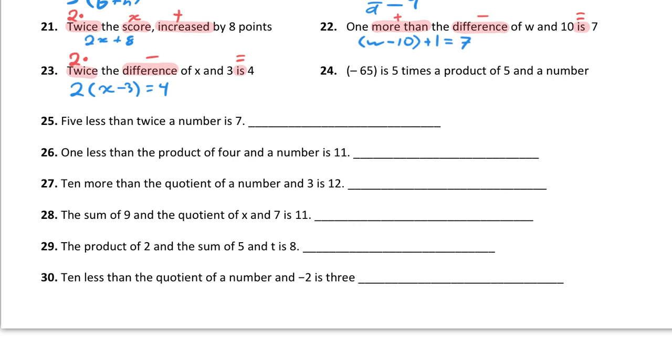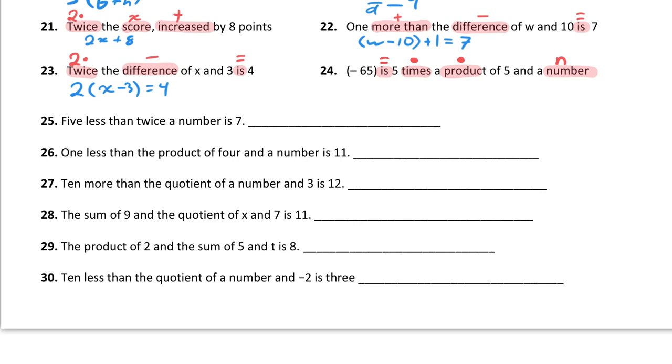All right, next we have negative 65 is 5 times a product of 5 and a number. So let's write these all in here. Is equals, times is multiplying, a product is another multiplying, and a number is going to be n this time.